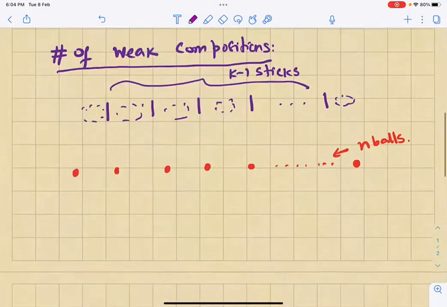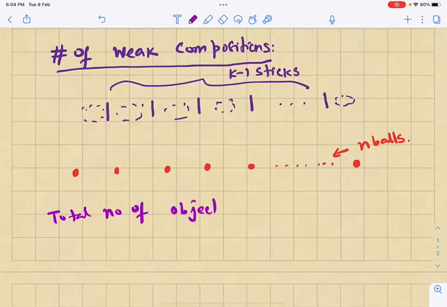So the total number of objects that we have is n plus k minus 1: n balls and k minus 1 sticks. But the sticks are identical, the balls are identical, and you have to arrange them. That means you have n plus k minus 1 objects in which n objects are identical and k minus 1 objects are identical.